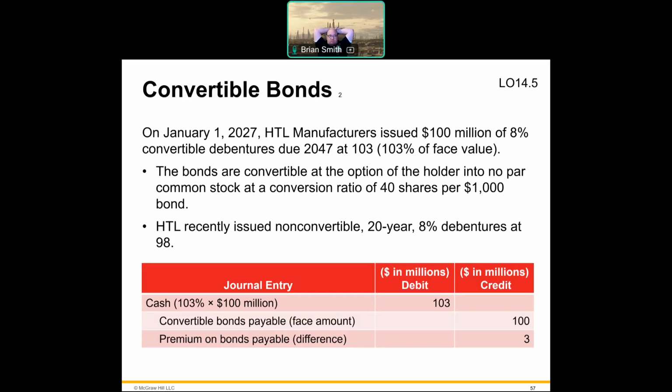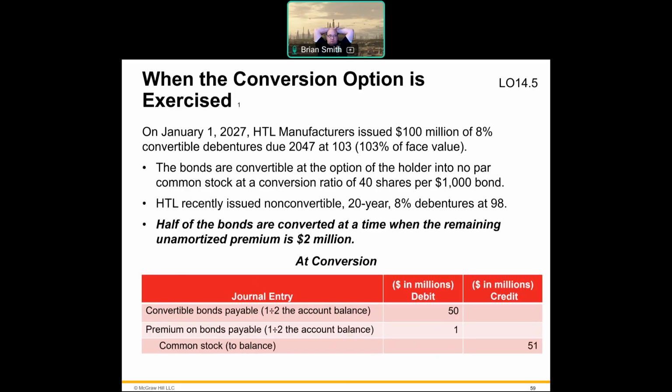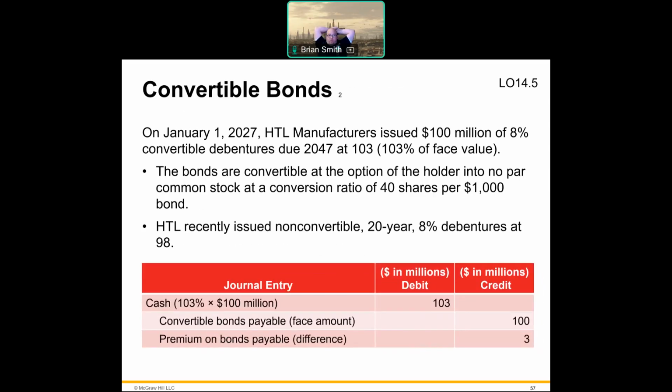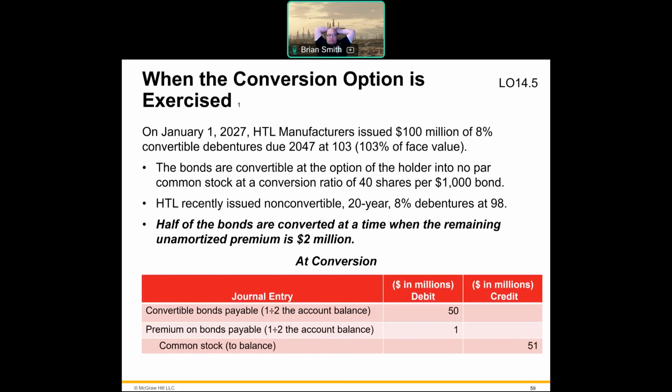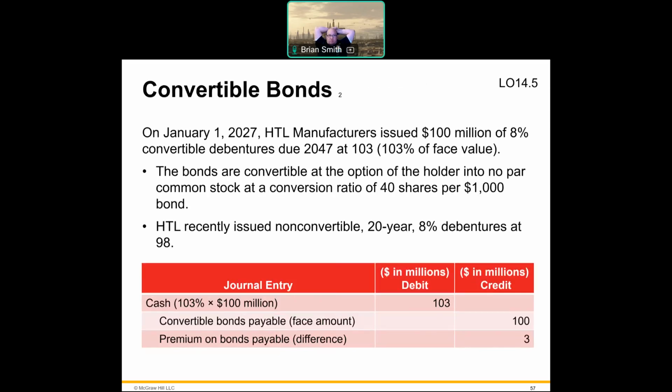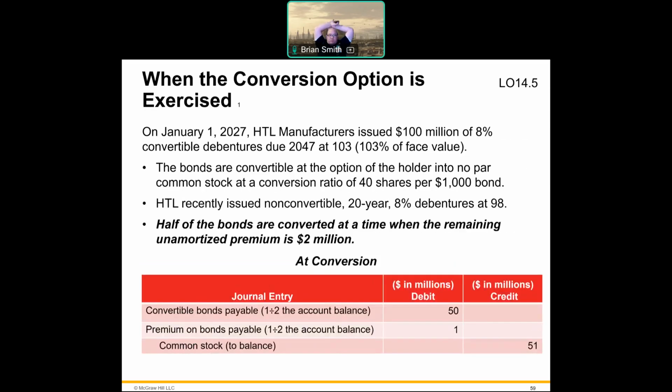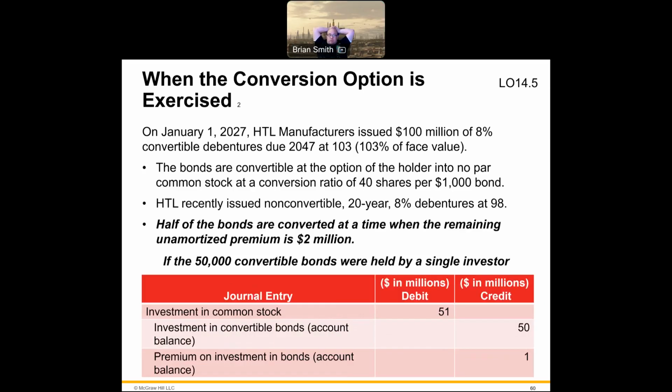Hold on, I wanted to just check the dates on this. So at conversion, it says half the bonds are converted. Oh, half the bonds. So we had 103, so the premium was 3, and half of that should be 1.5.